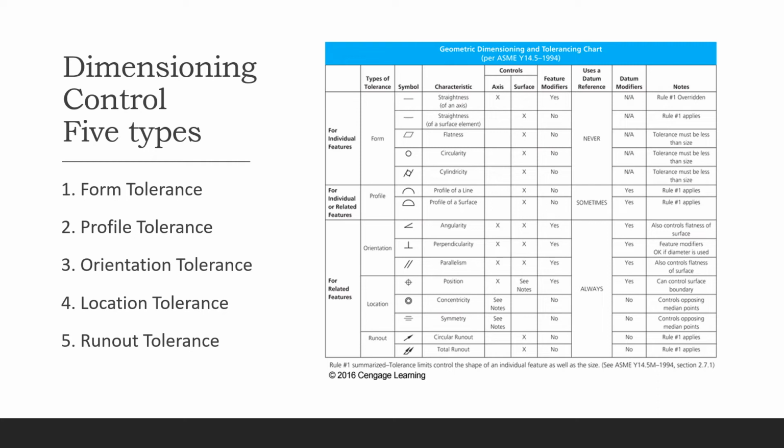Depending on your geometry, the very first one is form, and its characteristics are straightness, two of them, one for an axis and the other for a surface, then flatness, circularity, and cylindricity. Then we have profile, profile of a line or profile of a surface. Then orientation: angularity for any angle, perpendicularity if you have a perfect 90 degrees, and parallelism if your lines are parallel.